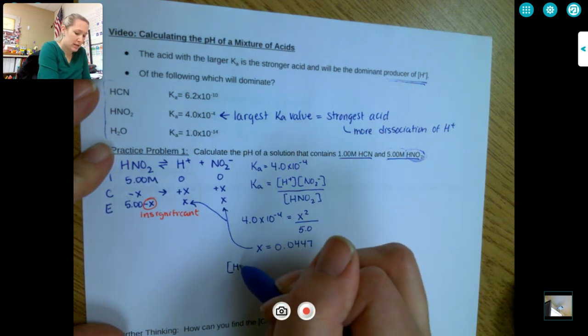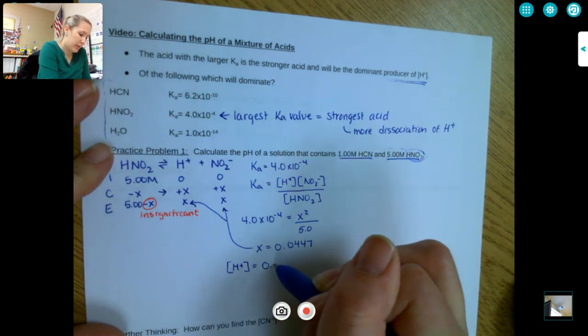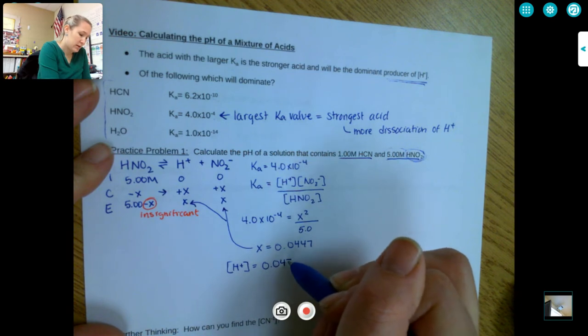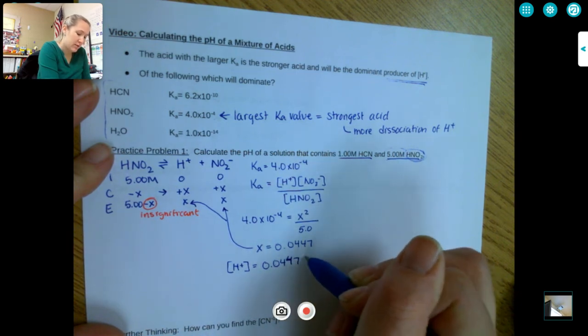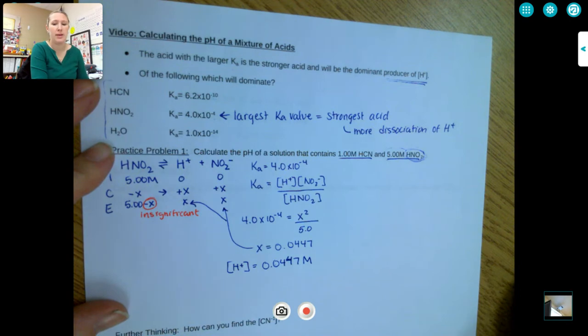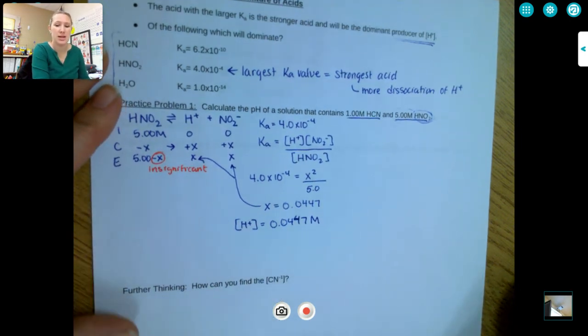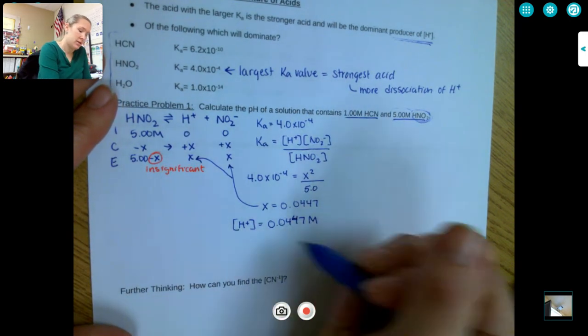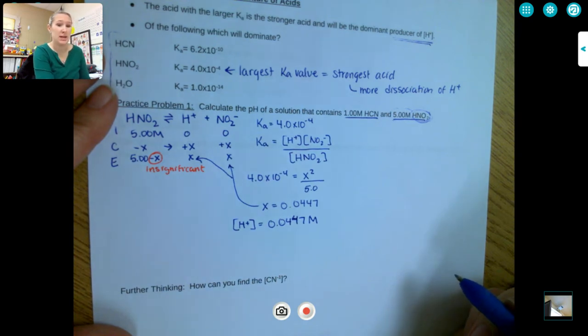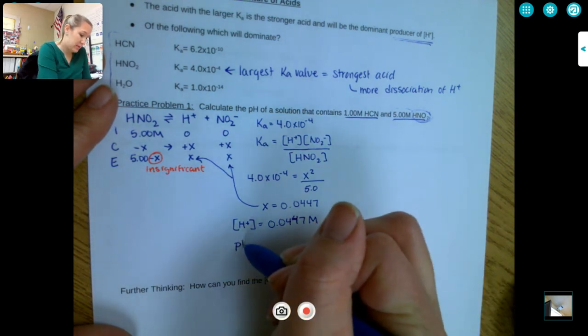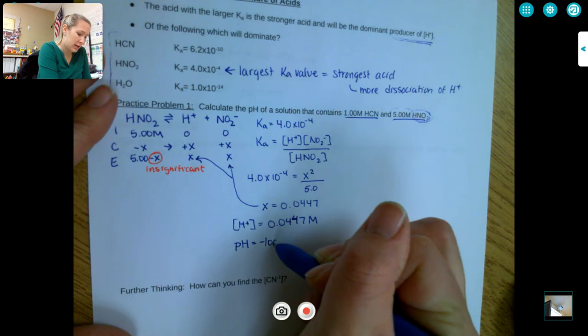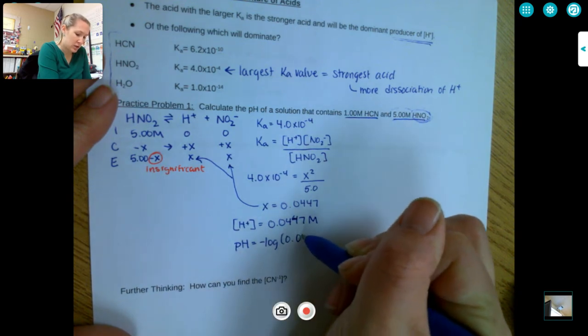So our hydrogen ion concentration is 0.0447 molar. Remember that from hydrogen ion concentration, I can get hydroxide, or I can get pH, because my pH is the negative log of my hydrogen ion concentration.